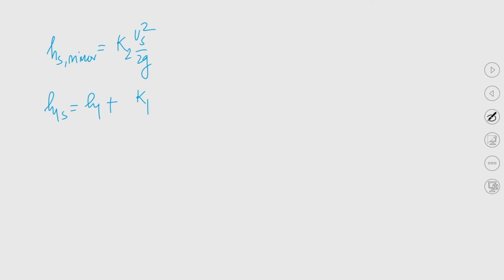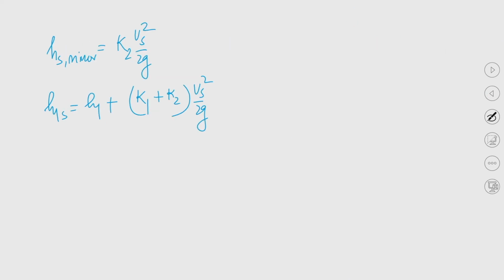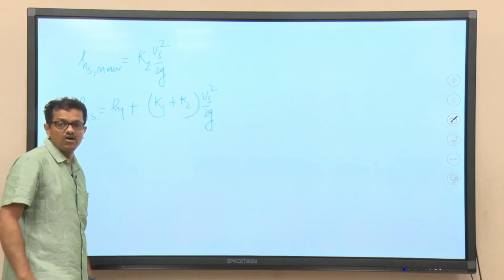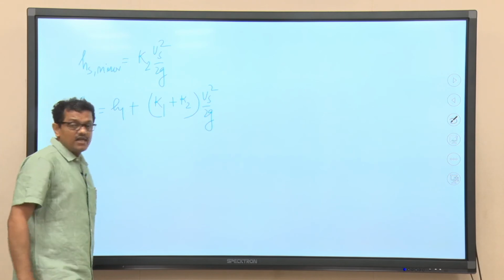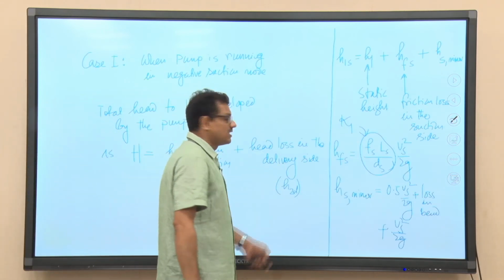So, this is k1 plus k2 times Vs square by 2g, and this term you can write as k1. This way you can calculate the total friction loss, I mean head loss. Similarly, we can also calculate the head loss in the delivery side.